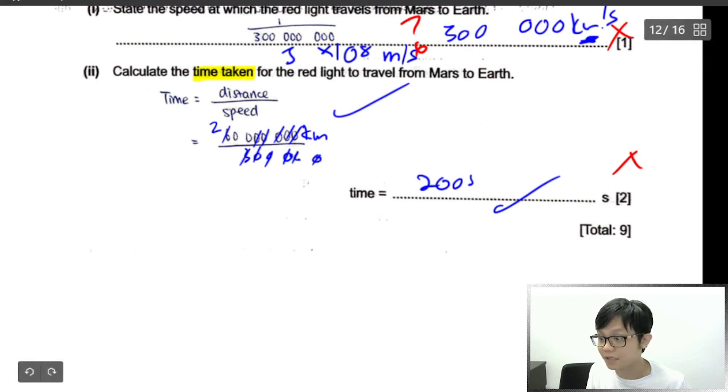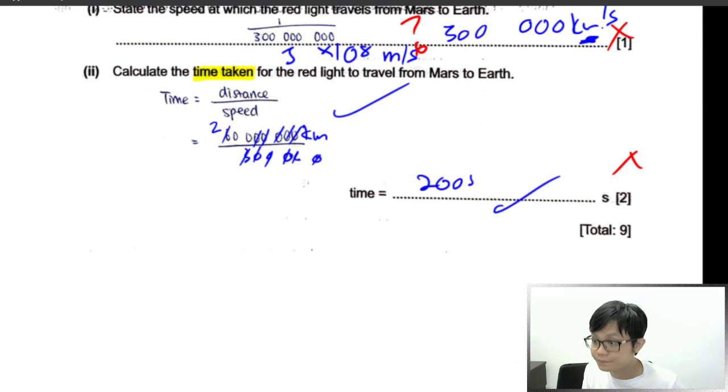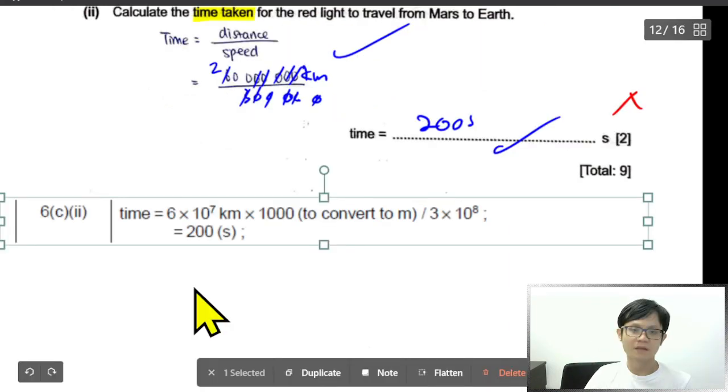Wait, let me check. No, because here the marking scheme says the 1 mark is for 6 times 10 to the power of 7 times 1000. So for this one, they convert.